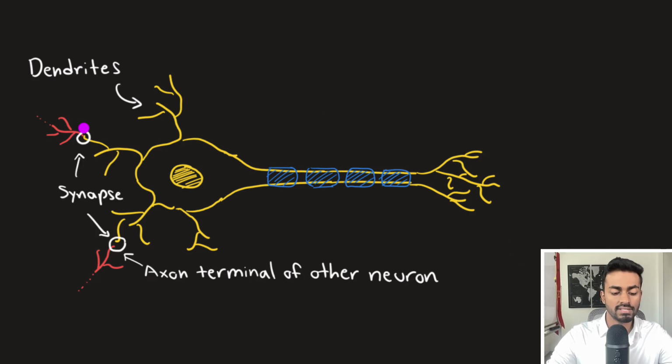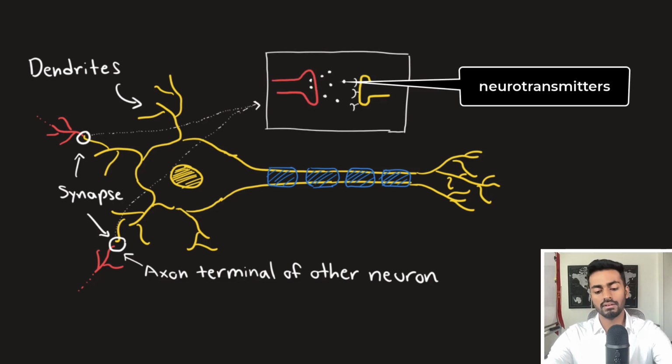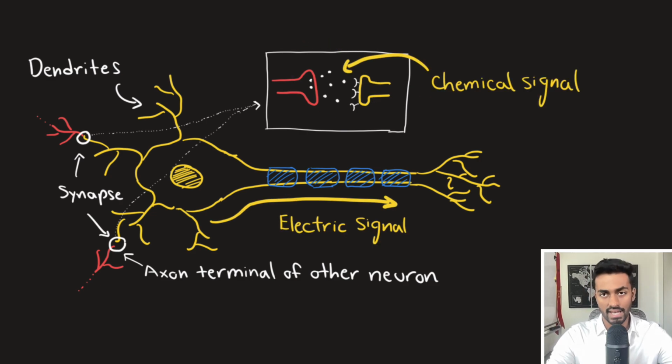And the points of contact between the axon terminals of the previous neuron and the dendrites of this neuron is known as the synapse. And if we do a little magnification here, we can see that these little dots over here are chemical messengers known as neurotransmitters. And these will send a chemical signal from one neuron to the next.